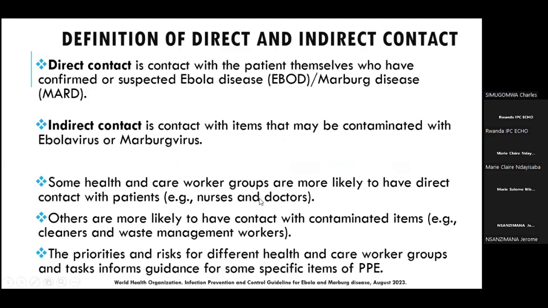So here is again a reminder of what is direct and indirect transmission. As we have said, direct is immediate contact with body fluid from the infected person, and indirect is when we are contaminated by items that are contaminated by those body fluids.